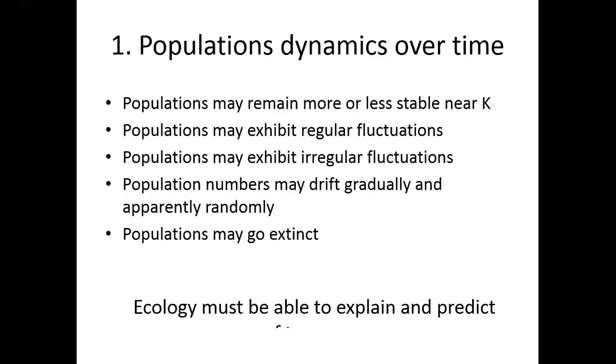So we can't just stick with the logistic growth model. We have to modify it, or at least try to understand why it doesn't often predict the dynamics of some populations. So these are the things that we need to try to explain, and we're going to try to explain them using the things that we outlined on the first slide.